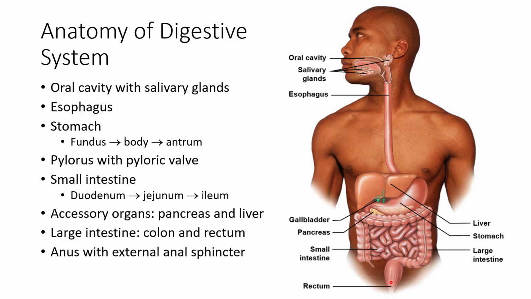The glands associated with the digestive system are the salivary glands. We then have the pancreas, liver, and gallbladder that would be associated with the small intestines.